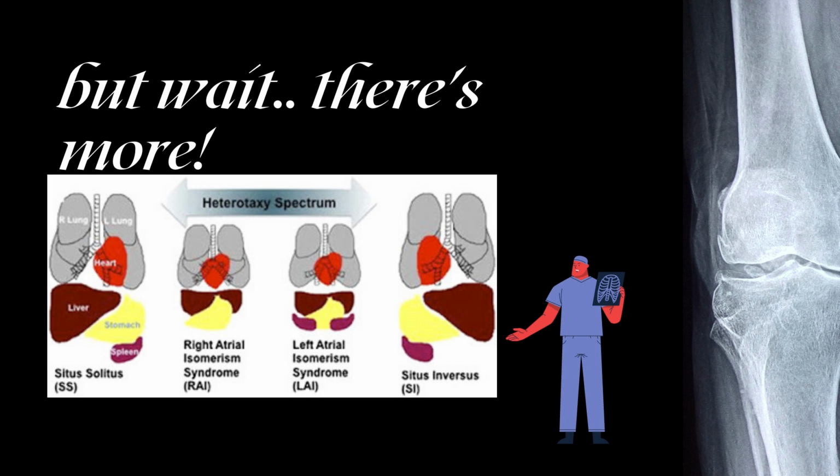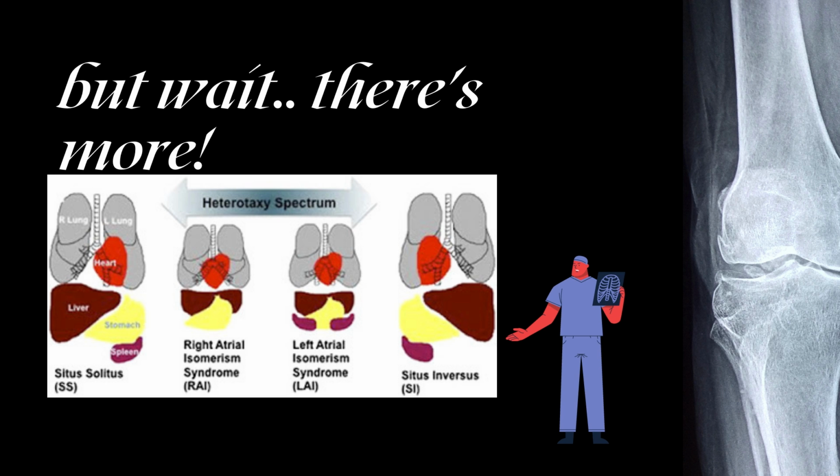Situs ambiguus, or the more fitting name, heterotaxy, translated as different arrangement, affects people on a spectrum. As you can see in this image, it shows the typical visceral arrangement on the left and situs inversus totalis on the right. Variations in situs inversus, such as right atrial isomerism syndrome and left atrial isomerism syndrome, are shown between.